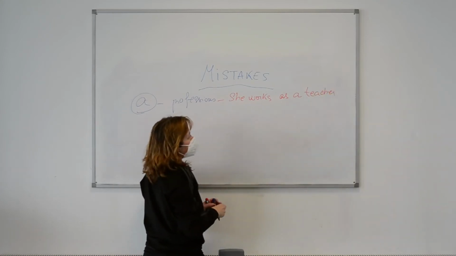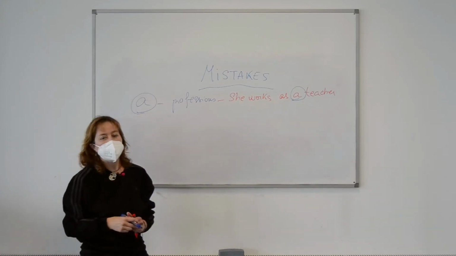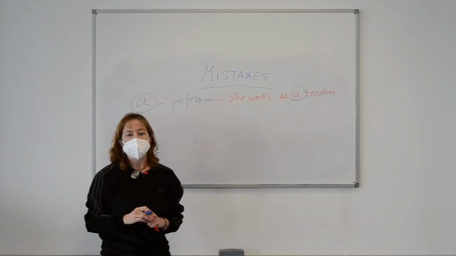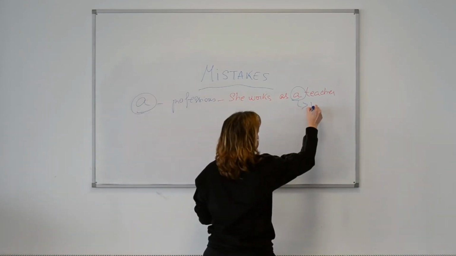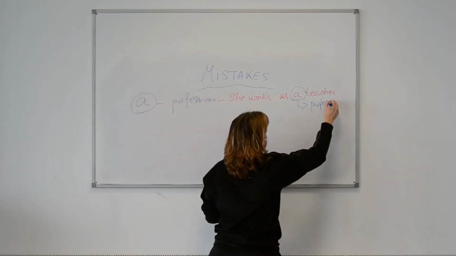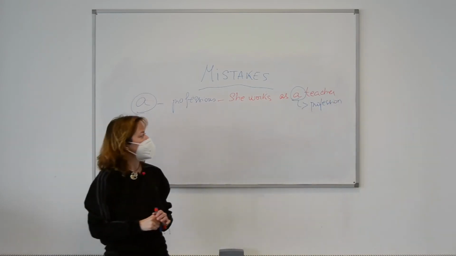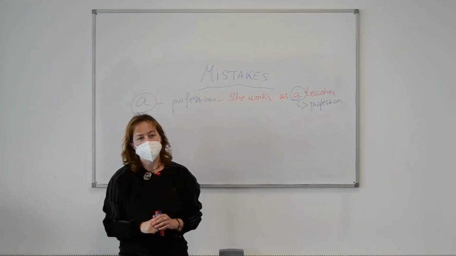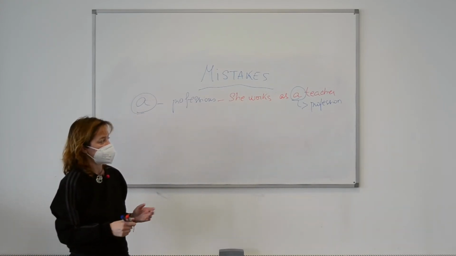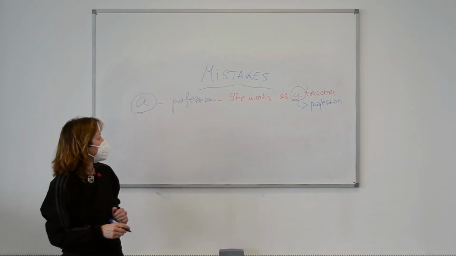Many Spanish people omit it, but this article is completely necessary when we refer to professions, right? It's a profession, and therefore the article is necessary. Not "she works as teacher", or we say "she is a teacher." The same: the article is completely necessary.